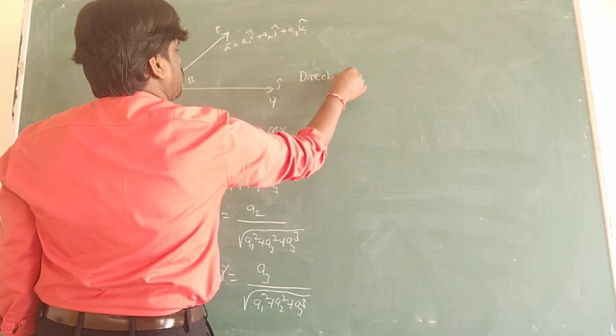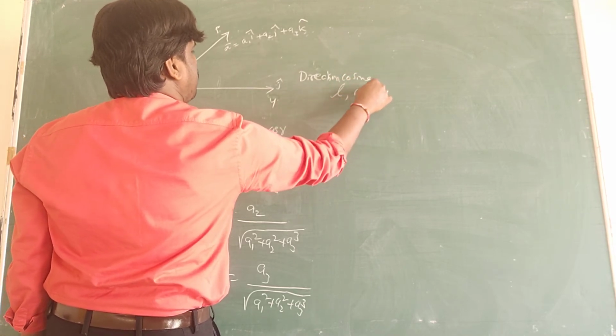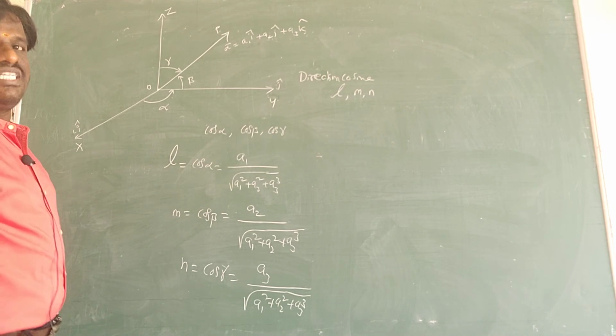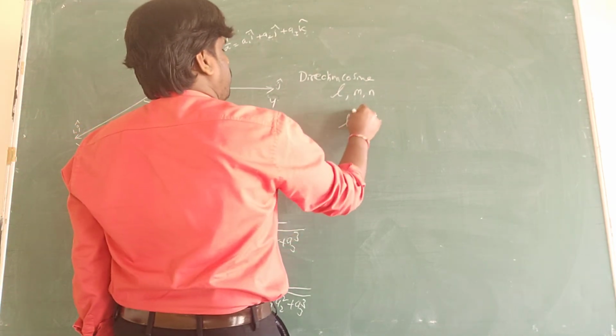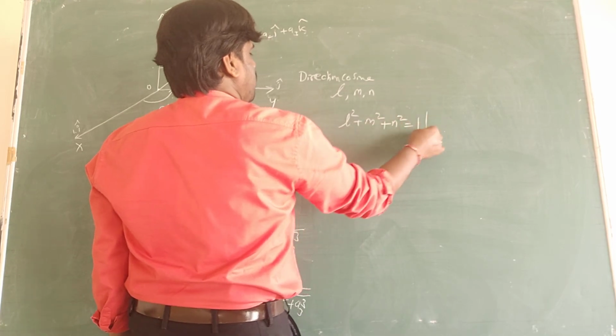They are L, M, N, and the relationship between them is L square plus M square plus N square is equal to 1.